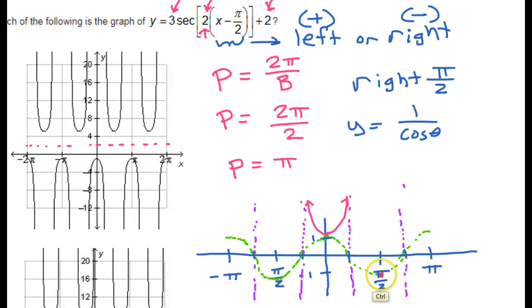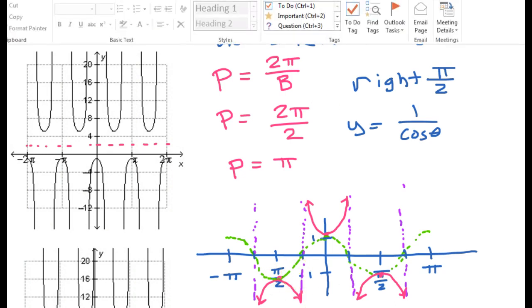And I'm going to have another loop here. Okay, and I would have a loop here. Alright, I know this is complicated, but I don't see a way around it.